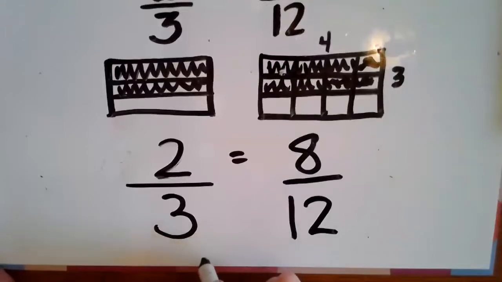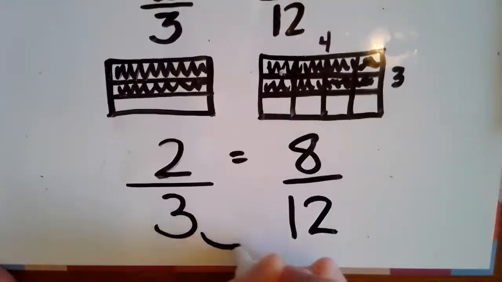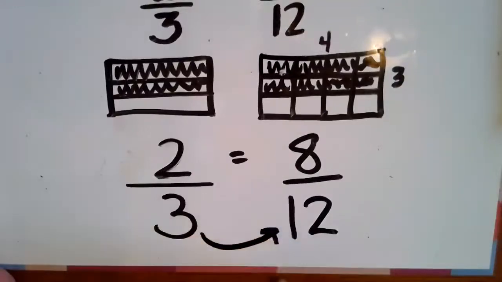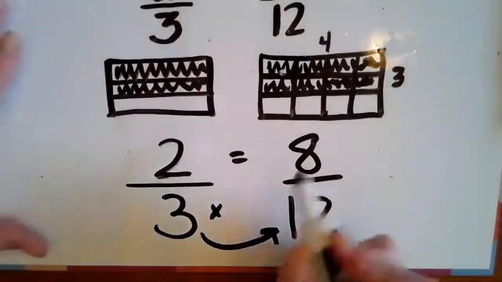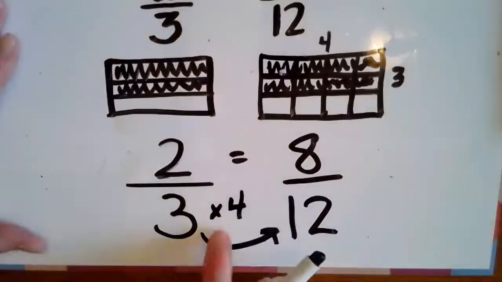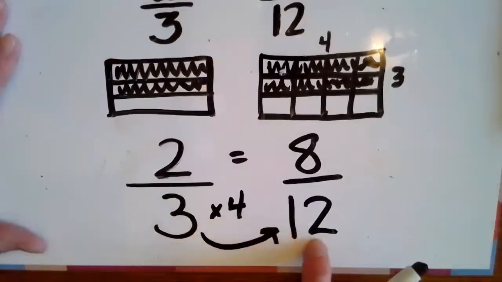I want to think about a multiplier, something that I could multiply this 3 by to turn it into 12. If we think about our facts, 3 times what is 12? 3, 6, 9, 12, 4. 3 times 4 is 12.